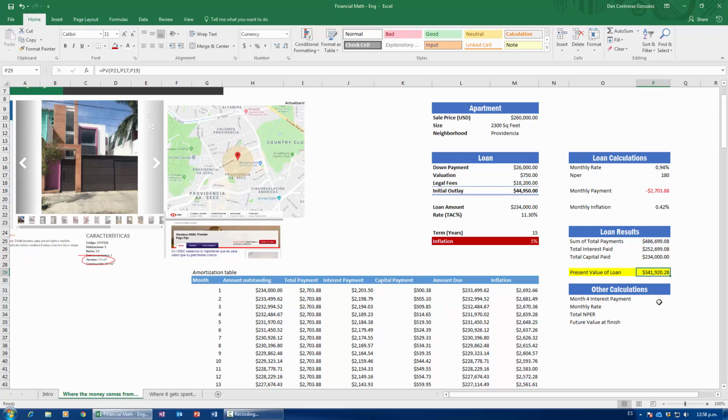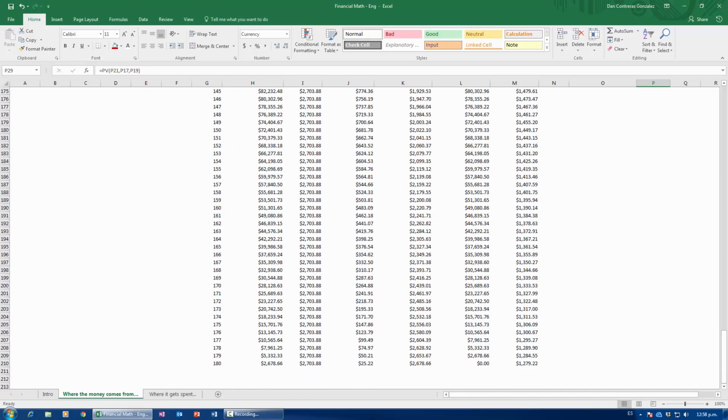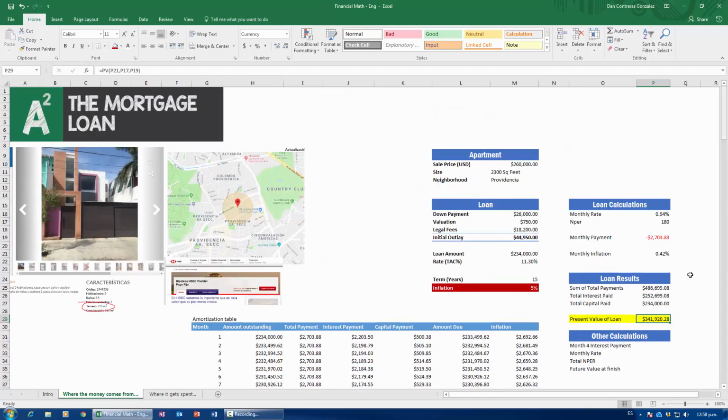In other words, the effect that inflation is going to have on how it feels for you to pay your monthly payments, it's not going to be as if you're paying $486,000. It's going to be actually more like $341,000.